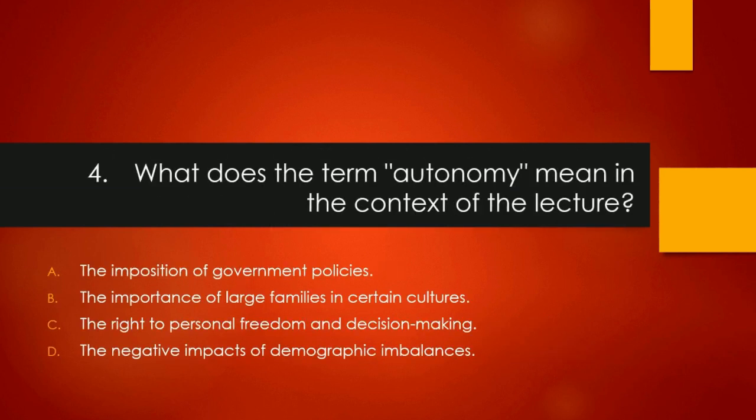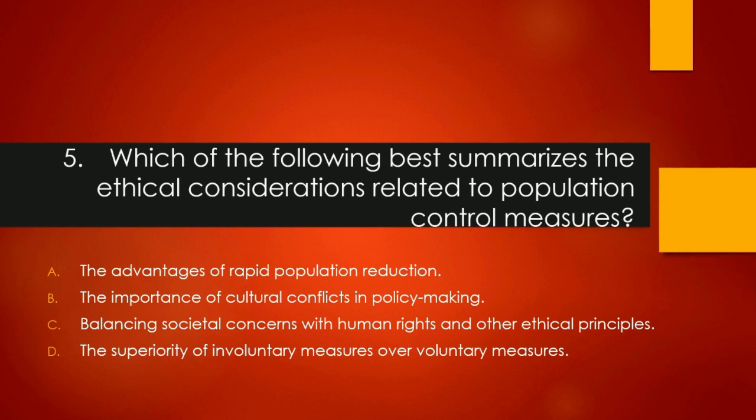Four. What does the term autonomy mean in the context of the lecture? Five. Which of the following best summarizes the ethical considerations related to population control measures?